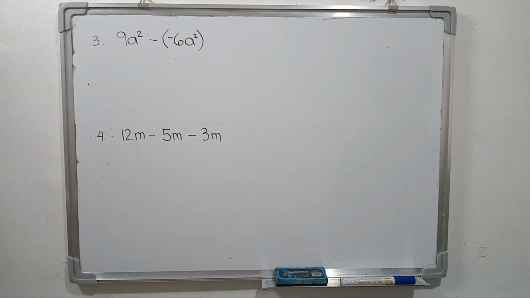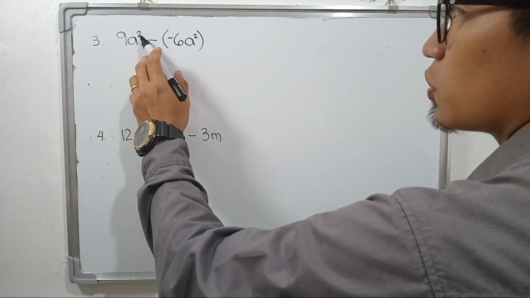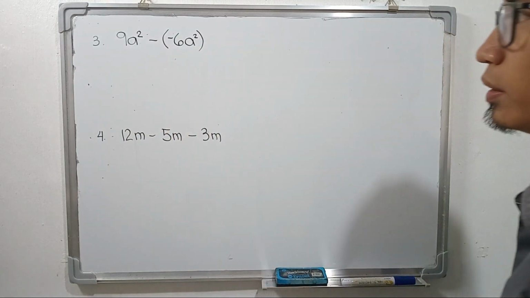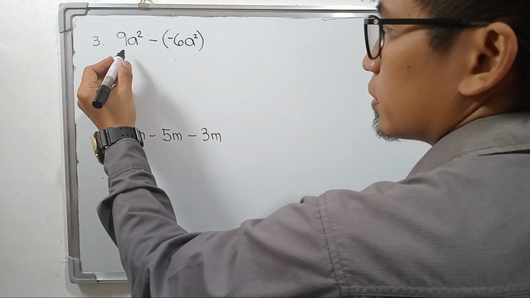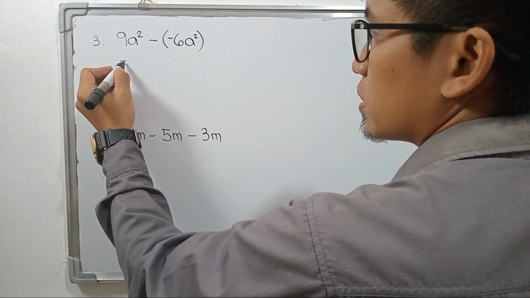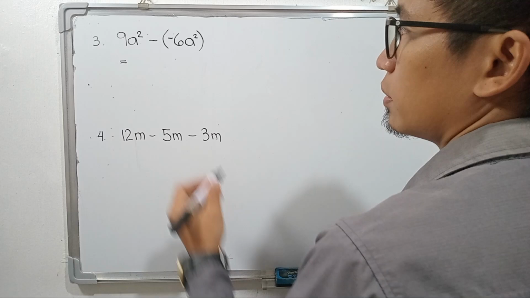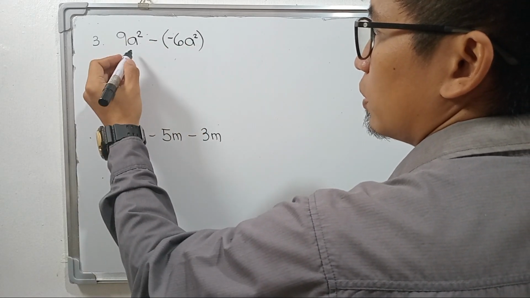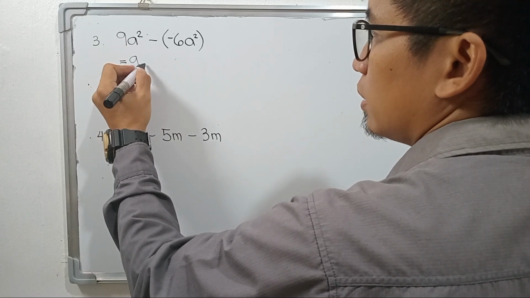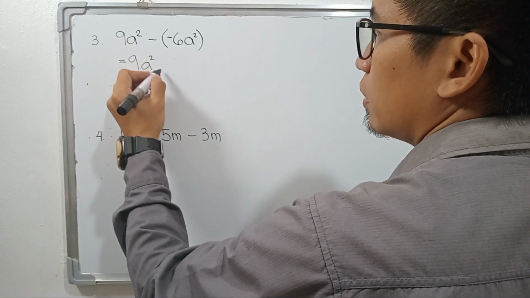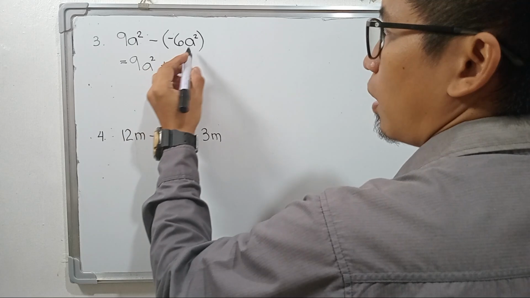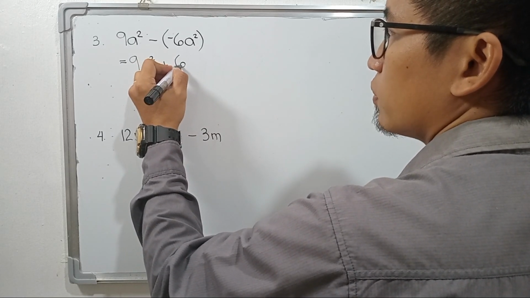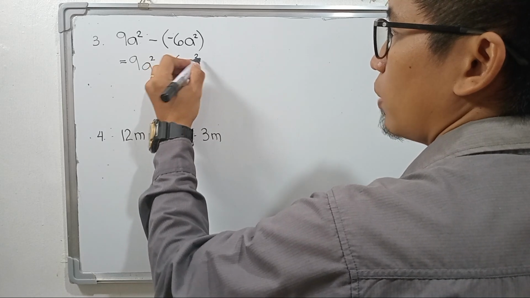Example number 3. 9a squared minus negative 6a squared. Now remember, subtracting is just the same as adding the opposite. So another way of writing this will be 9a squared plus the opposite of negative 6a squared will be positive 6a squared.